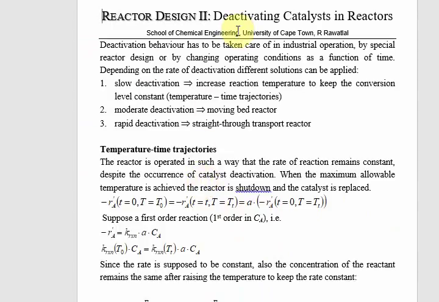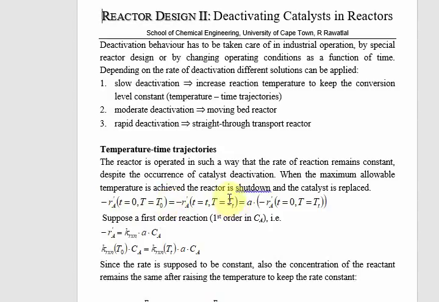Let's look at the way we've done it in the notes here. So you can see here we are saying that at the initial time there will be some initial temperature T naught, and we want the reaction rate to be the same as what we had for those conditions. So we had some reaction rate initially for that temperature, and then at some future time t, given that we've got some future temperature T at time t, that rate must equal that initial rate.